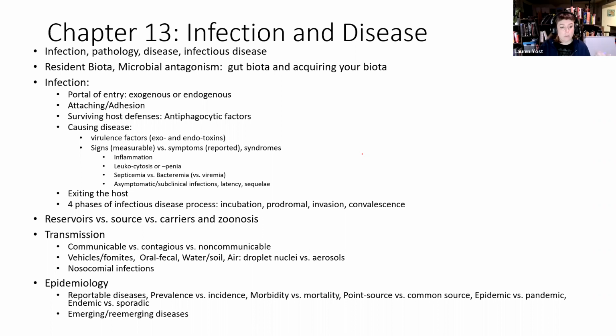Bats would be the reservoir. They're not getting affected by it. Okay, we have the source. Source is just what it sounds like, where the infection would have come from. The carriers are usually people who are not having many symptoms or are subclinical for whatever reason, and can be transmitting the disease.